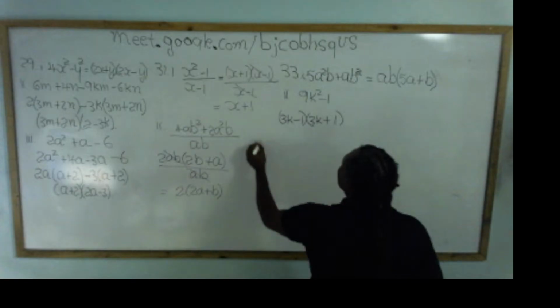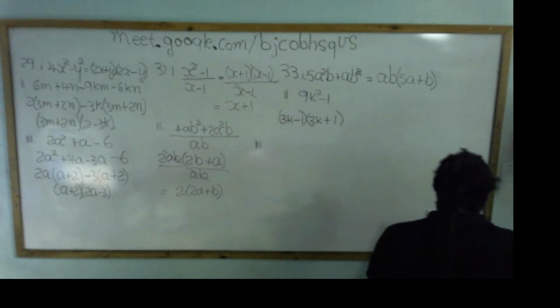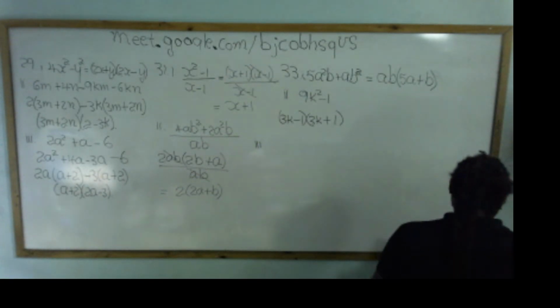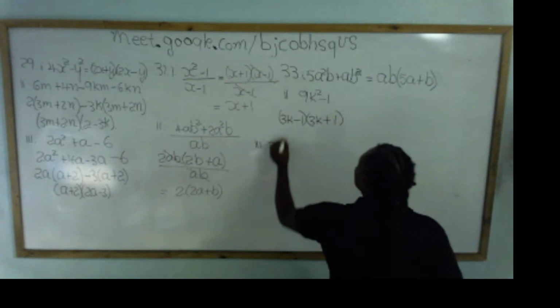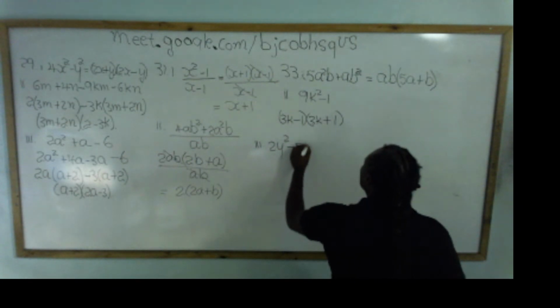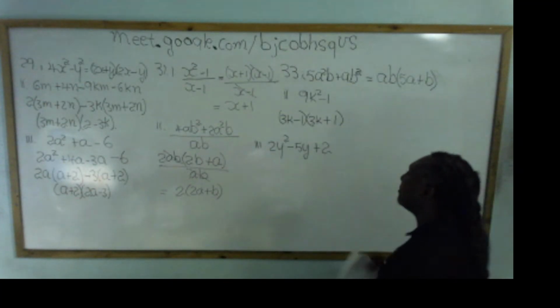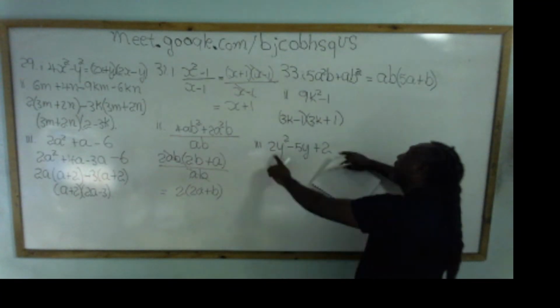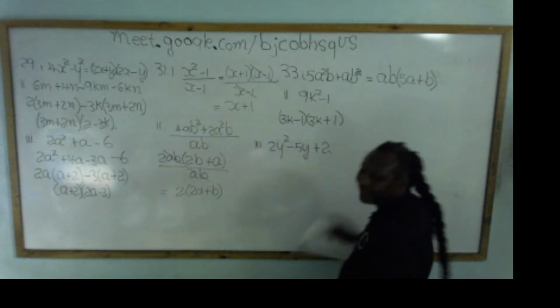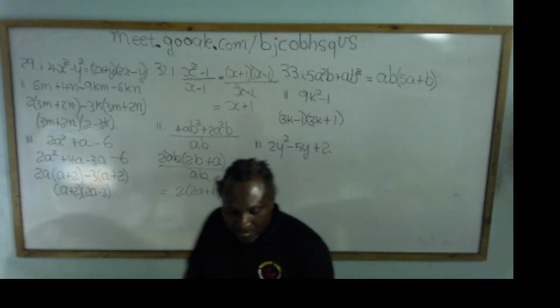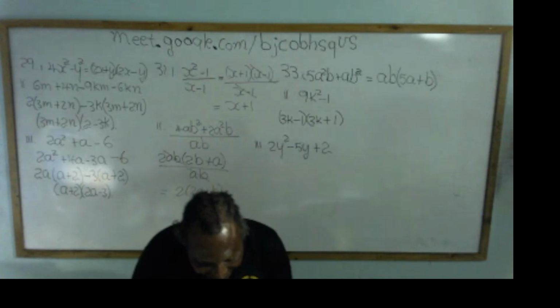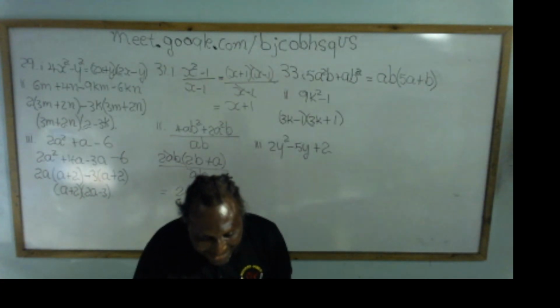Roman 3, which is our last problem. I love it. Two numbers multiply to give 4 and add to give a negative 5.